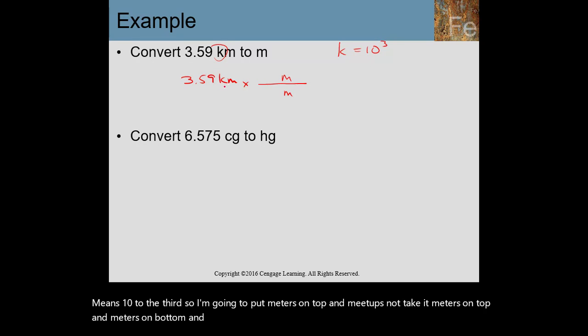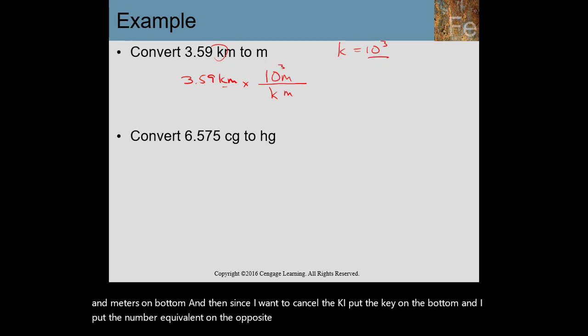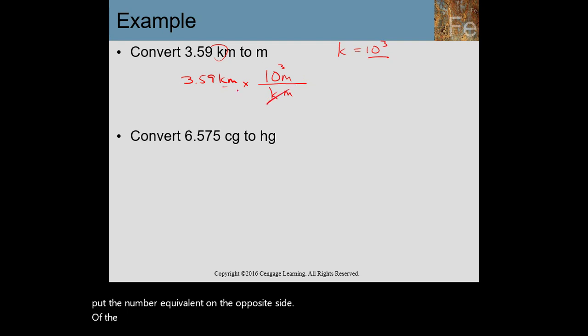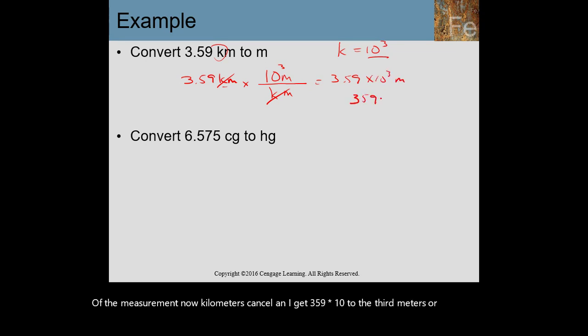Since I want to cancel the K, I put the K on the bottom, and I put the number equivalent on the opposite side of the measurement. So now kilometers cancel, and I get 3.59 times 10 to the third meters, or 3590 meters.